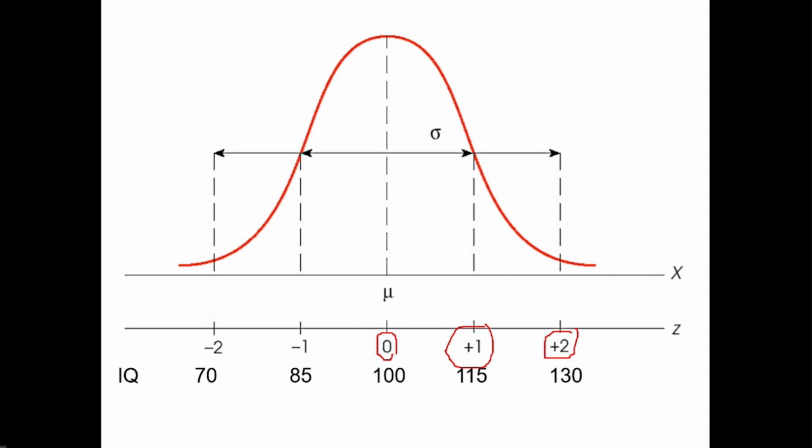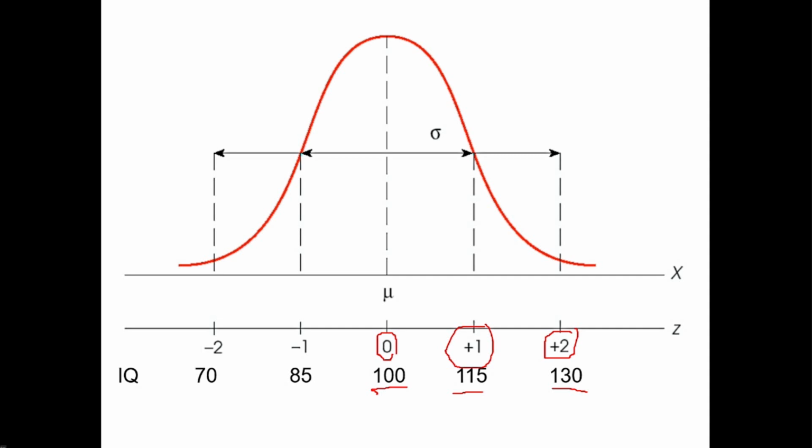So we can transform, for example, an IQ test has a distribution where the mean is 100 and the standard deviation is 15. So 1 standard deviation above the average is 115, 2 standard deviations above the average is 130. So that would just correspond to a z-score of 2 instead of a score of 130.